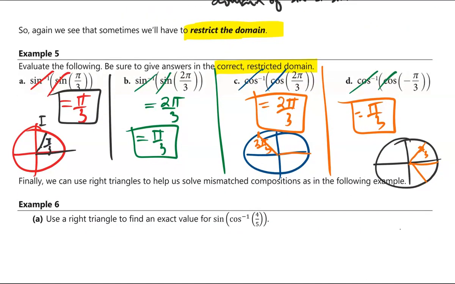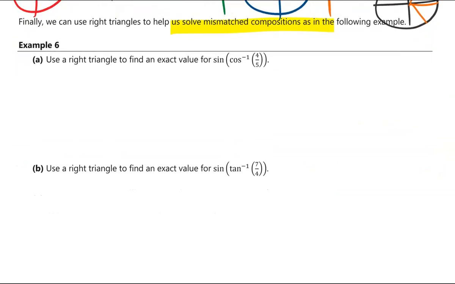So finally, we can use right triangles to help us solve mismatched compositions in the following example. Example 6, use the right triangle to find the exact value of sine of inverse cosine of 4/5.